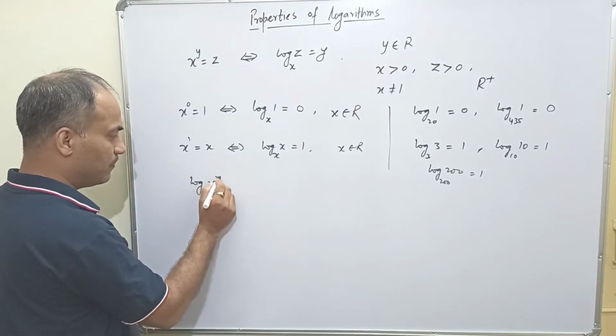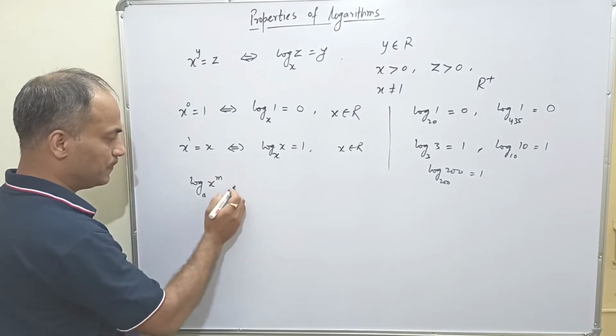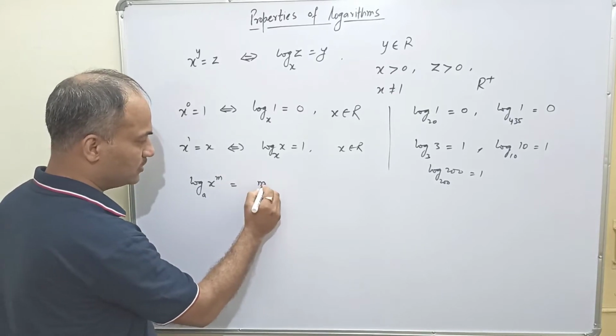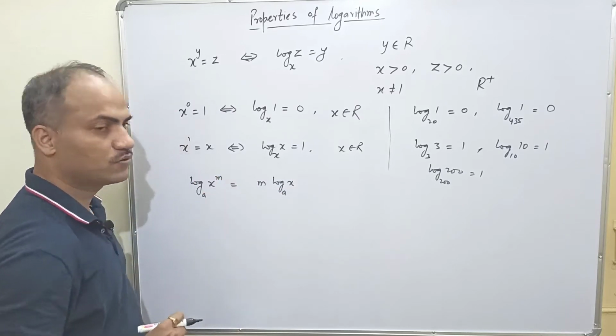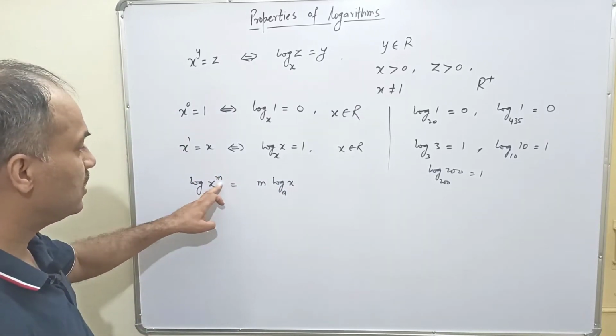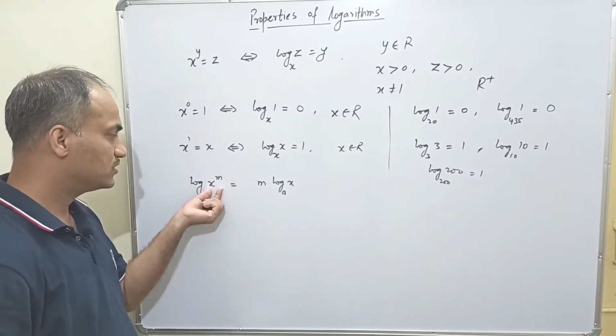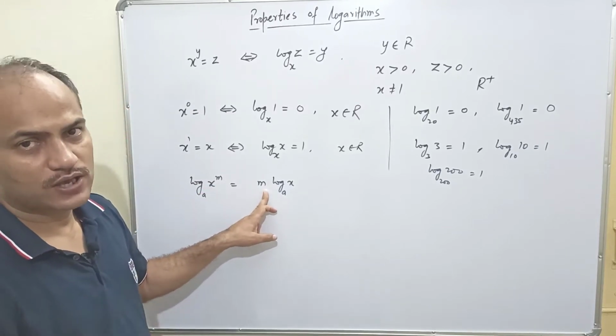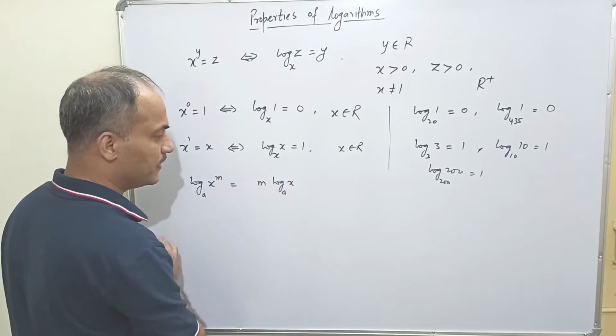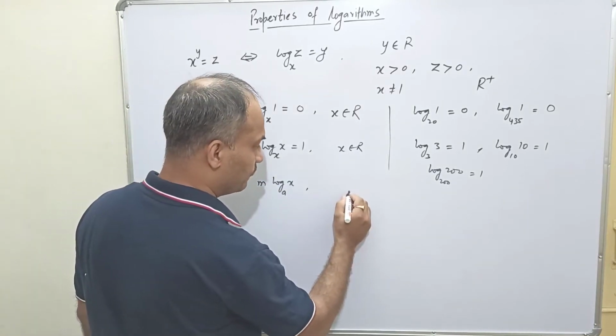Log of x to the power m, if the base is a, the value of this expression is m log x to the base a. This is very important. If any power is there on the argument of the log, then this power gets multiplied with log x. The base remains the same. Let us see an example.